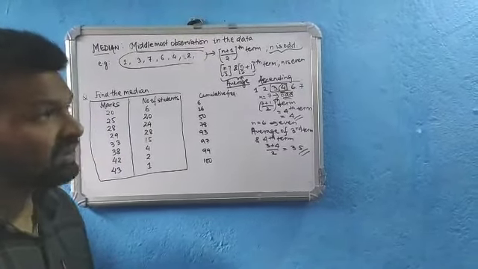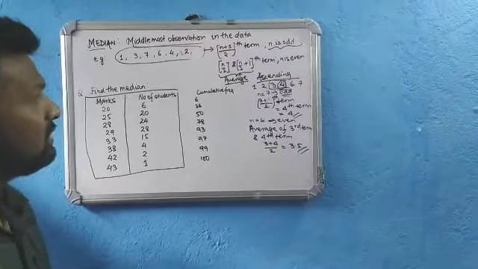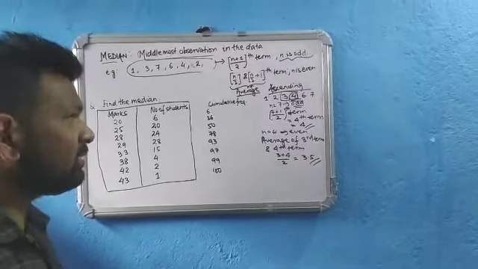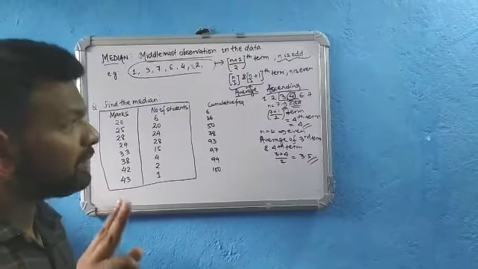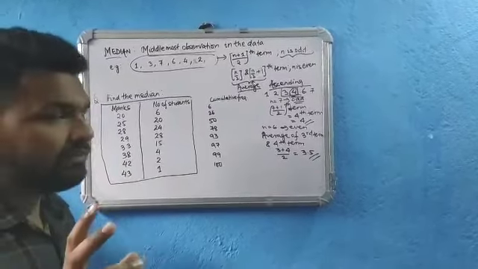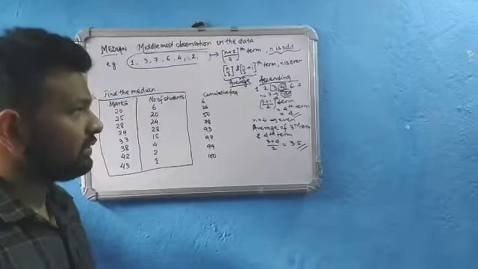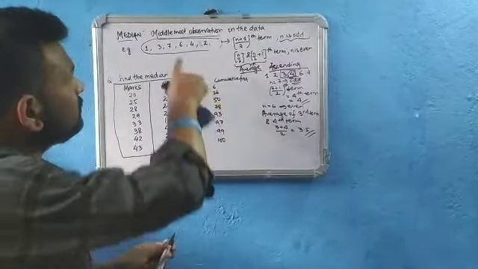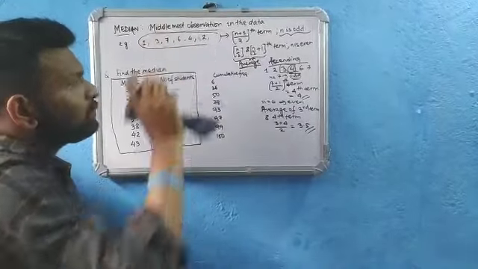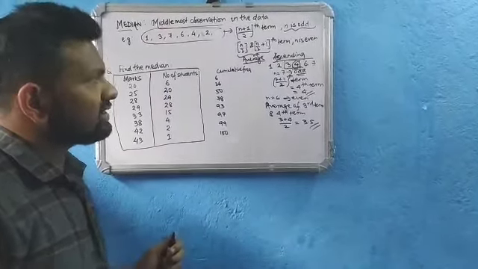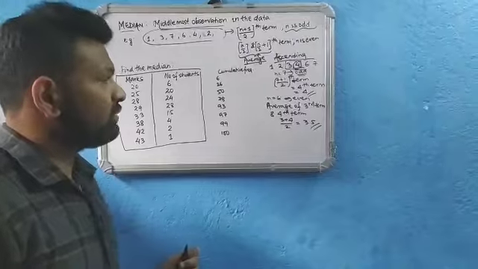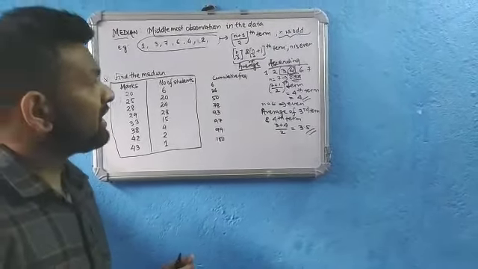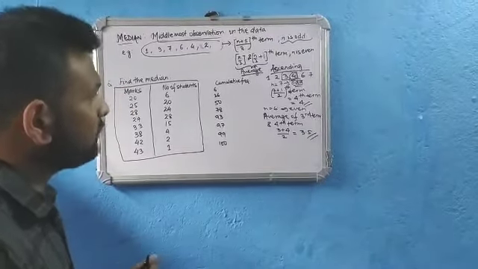Whereas if n is even, the median will be calculated by taking the average of the two central terms, which is quite obvious, because we have to consider the middlemost observation in the data. This would be known to you all from class 9 itself, but I have recapitulated a bit.